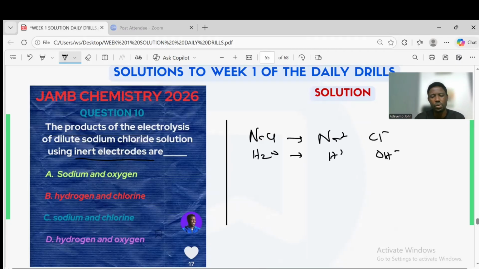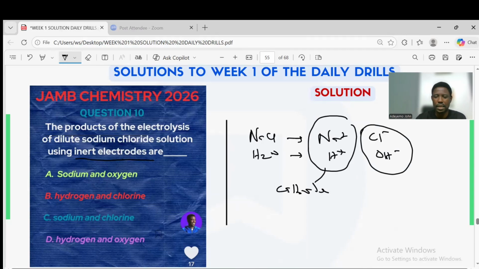When these two are competing at the cathode, which is the negative electrode, hydrogen will be preferentially discharged because it's lower in the electrochemical series, less reactive than sodium.